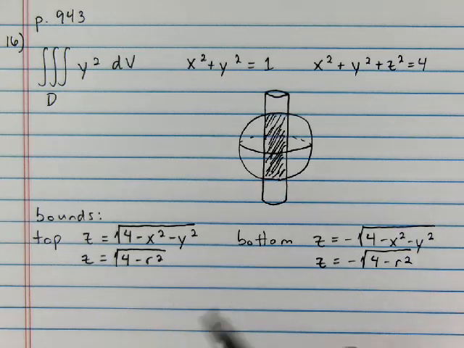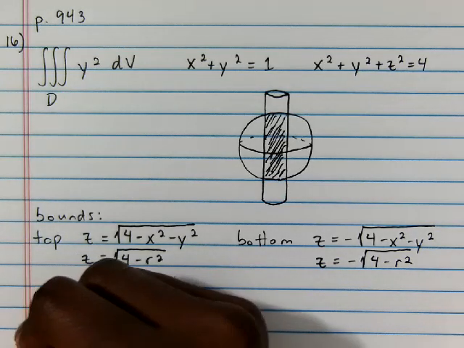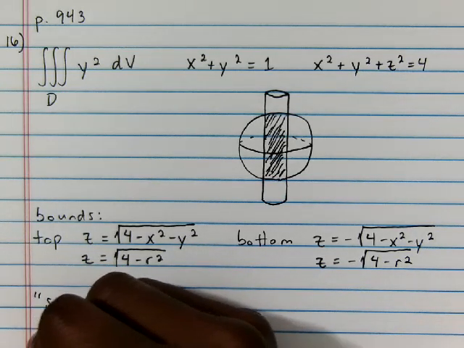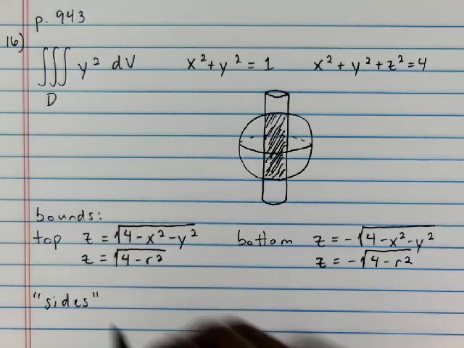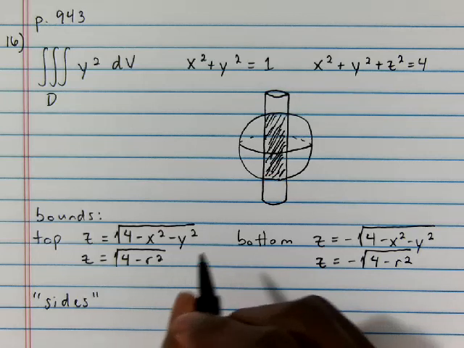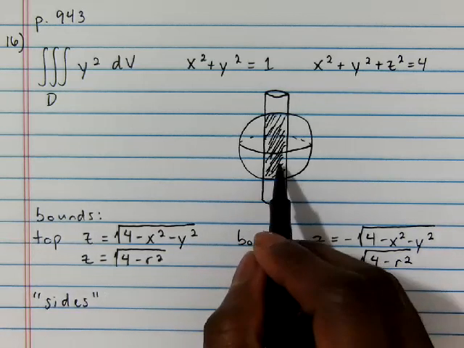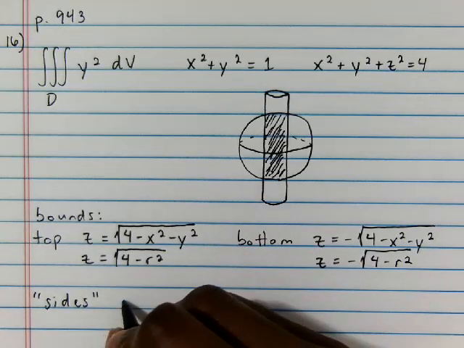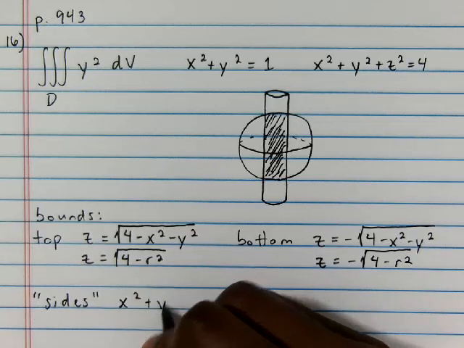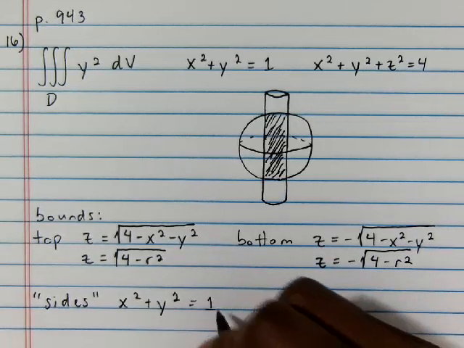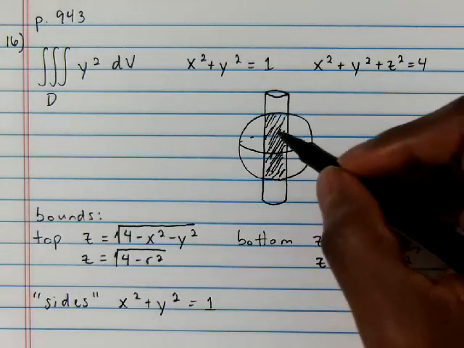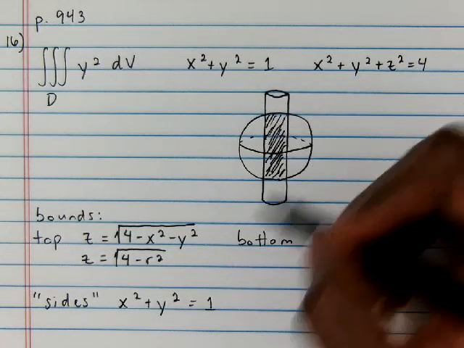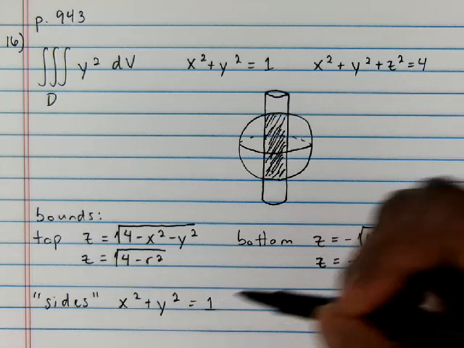And now our sides, so our sides will be given by x squared plus y squared equals 1, the sides of this cylinder. But remember, we're going to fill in the cylinder, or fill in the circle.